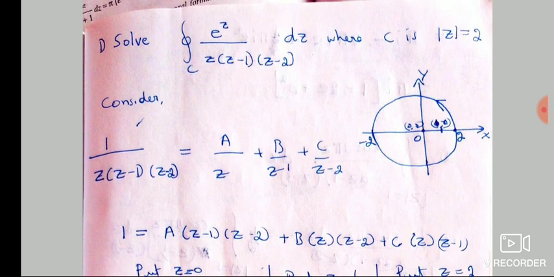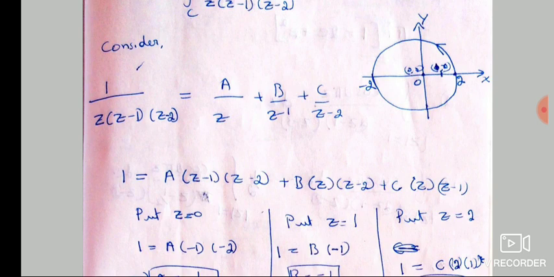So before starting the problem, we'll use partial fractions to solve this problem. So how to do that? 1 by z into z minus 1 into z minus 2 can be written as a by z plus b by z minus 1 plus c by z minus 2. So we have to find the values of a, b, c such that these two are equal.